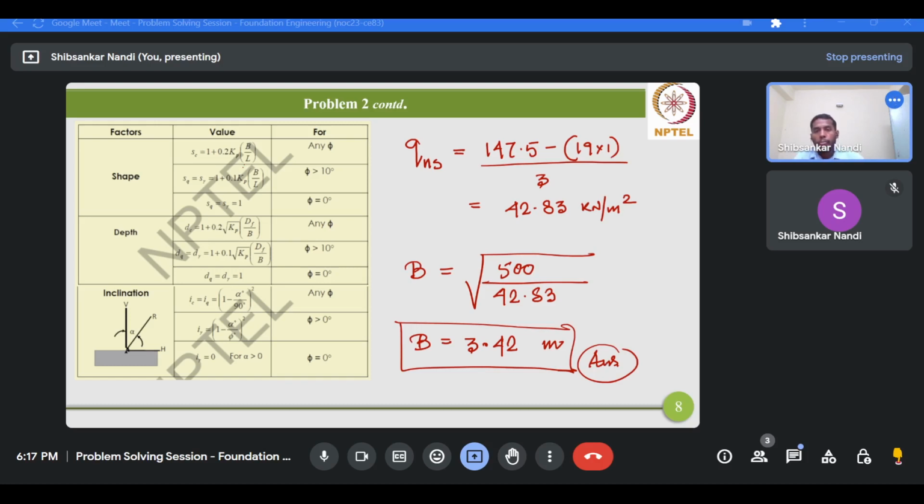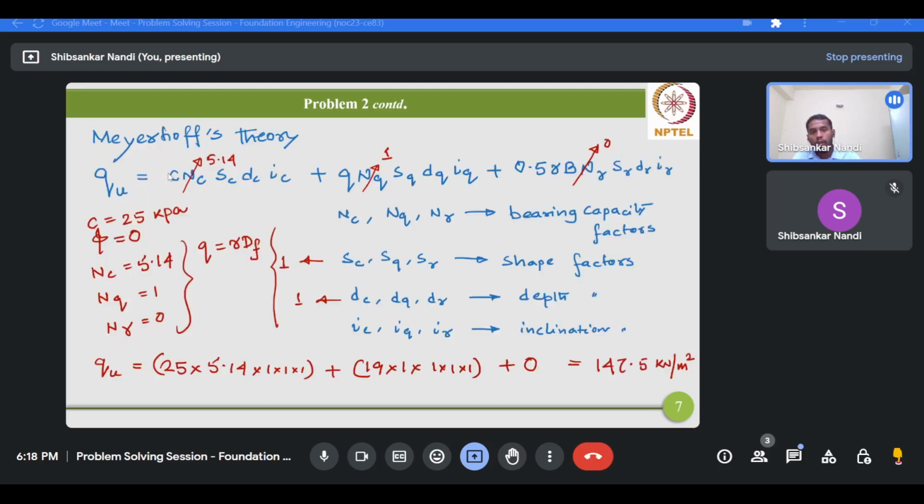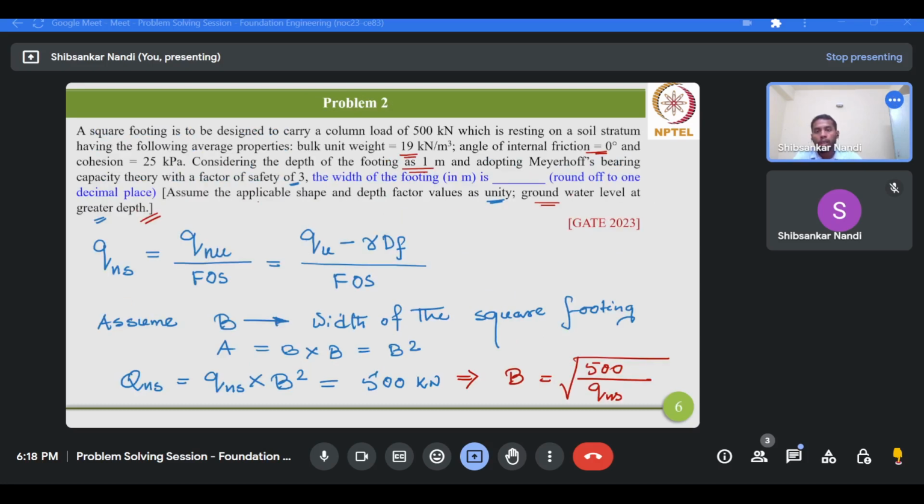Now I have put some tables in this slide. This table will tell you about the different factors: shape, depth, and inclination. Now, why is this table presented in this slide? Because in this problem, it's explicitly mentioned that you can assume the applicable shape and depth factor values as unity.